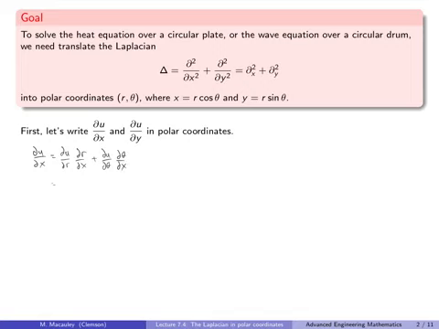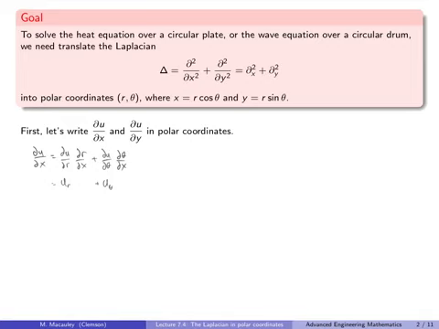So this is equal to u_r times dr dx, which we're going to figure out, plus u_theta times d theta dx, which we also want to write down.